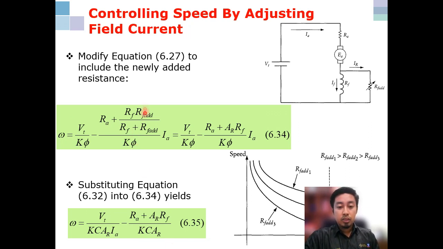According to this, modify the equation 6.37 to include the newly added resistance. I want all of you to try this equation 6.34 and then get equation 6.35. Please take note to make sure you understand how to get this value.